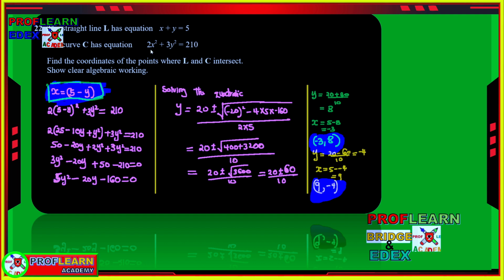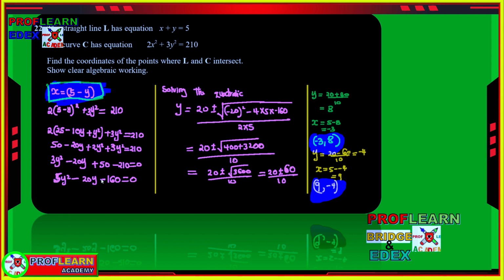So at this point we shall have 2 into bracket 5 minus y squared. Expanding the equation and putting the like terms together, the equation reduces to 5y squared minus 20y minus 160 equals 0.